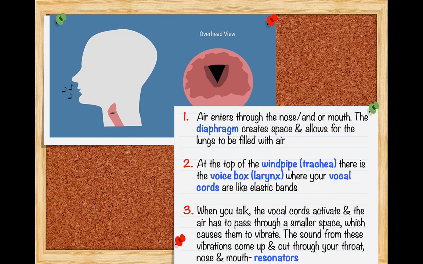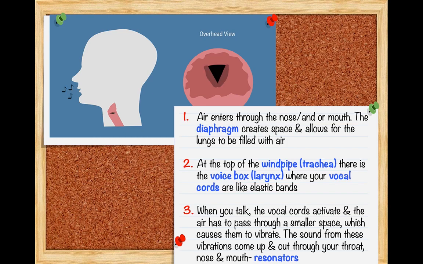What happens is that it takes the sound and makes it larger. It amplifies the sound in your throat, your nose, and your mouth. So when the sound reaches there, it's much louder than it is at the voice box alone.